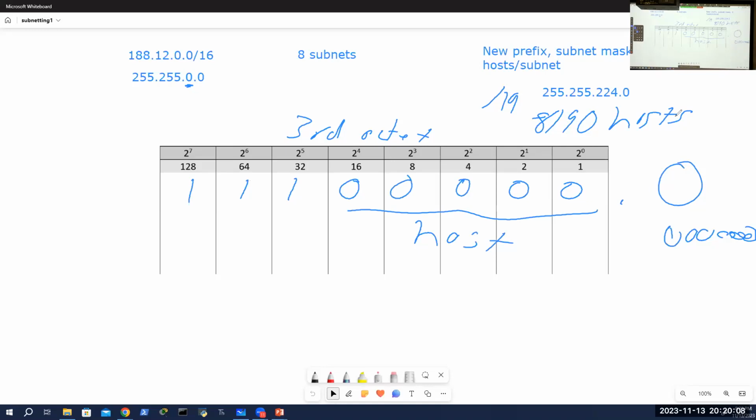What they might have left over after a /16 is a /19. Somebody may not create a subnet with 8,190 hosts. What's more likely is that an ISP that has a /19 left over after they already reallocated some stuff will subnet that again.